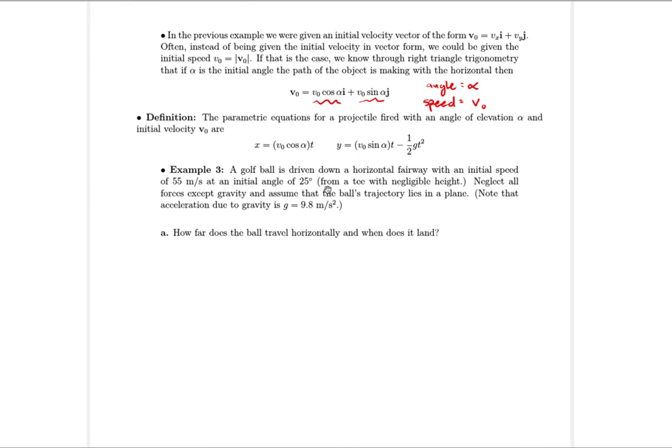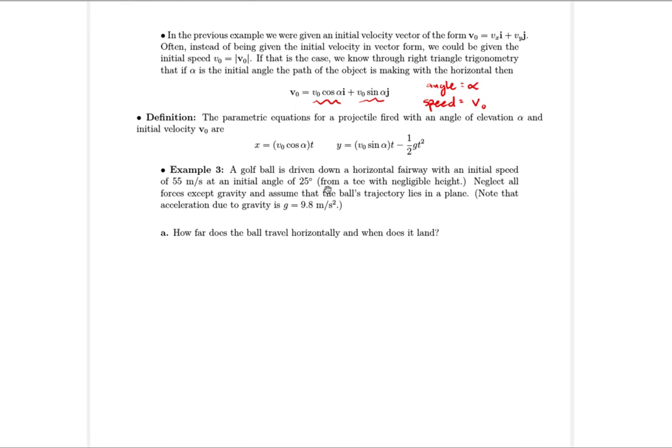What I mean by lies in a plane is that the golf shot does not look like most of my golf shots: there's no slice, there's no hook, so you can draw a plane that goes straight off from where you're shooting, and the ball stays in that plane. It doesn't veer left or right.